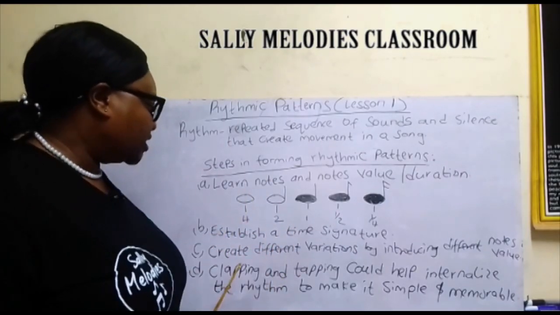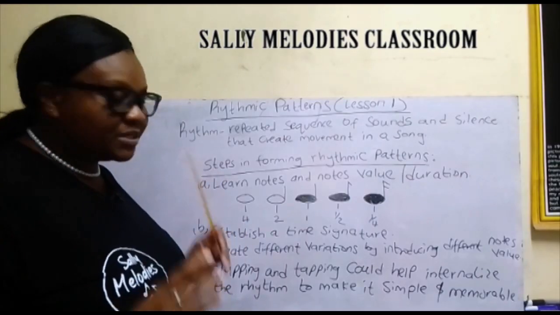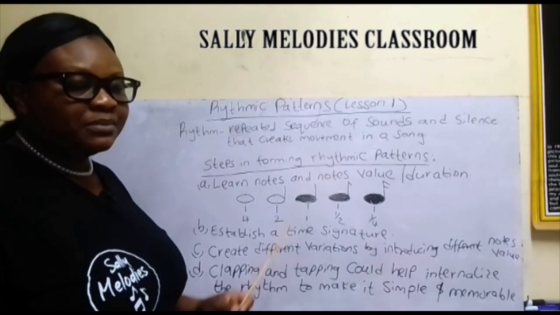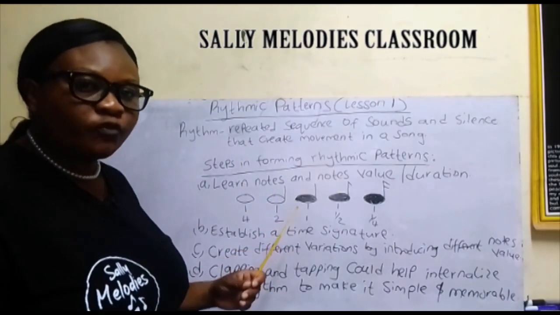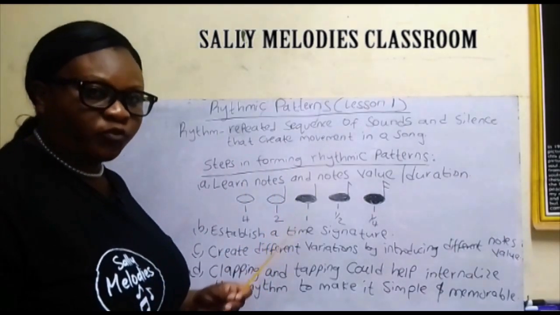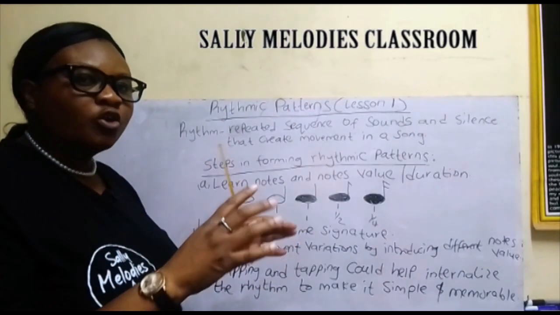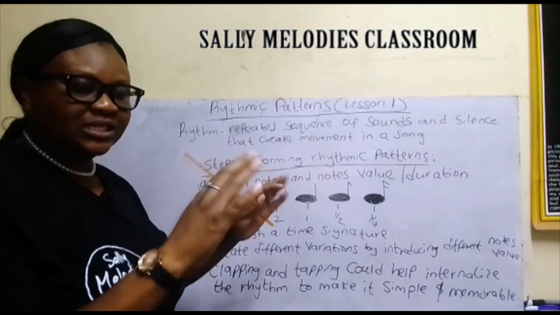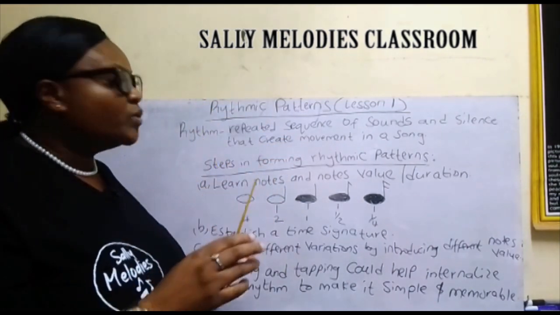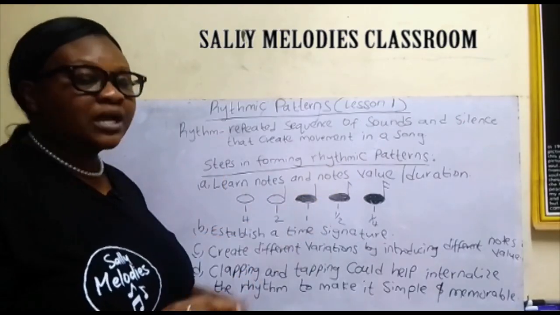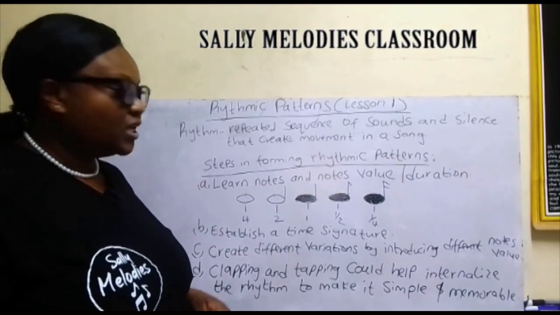You must establish a time signature. After you have known the value of the notes, you can establish a time signature like 2/4, 3/4, 4/4. And then after that, when you take one bar of that melody in that time signature, you will be able to form rhythmic patterns.